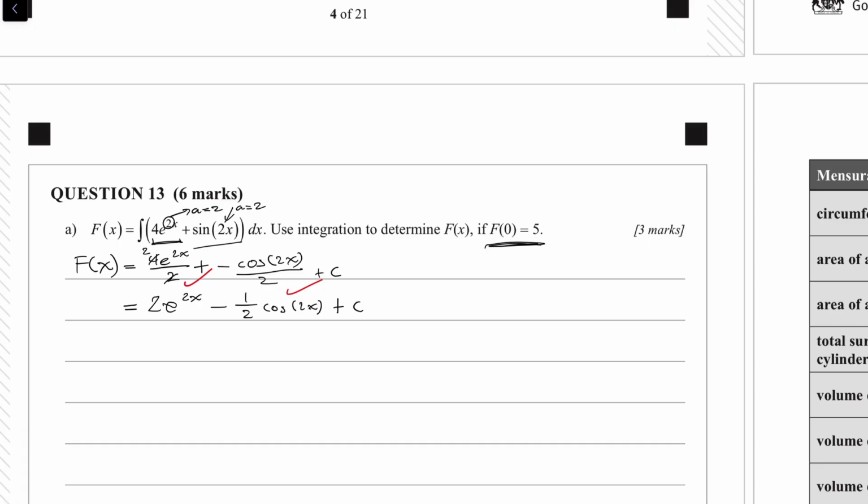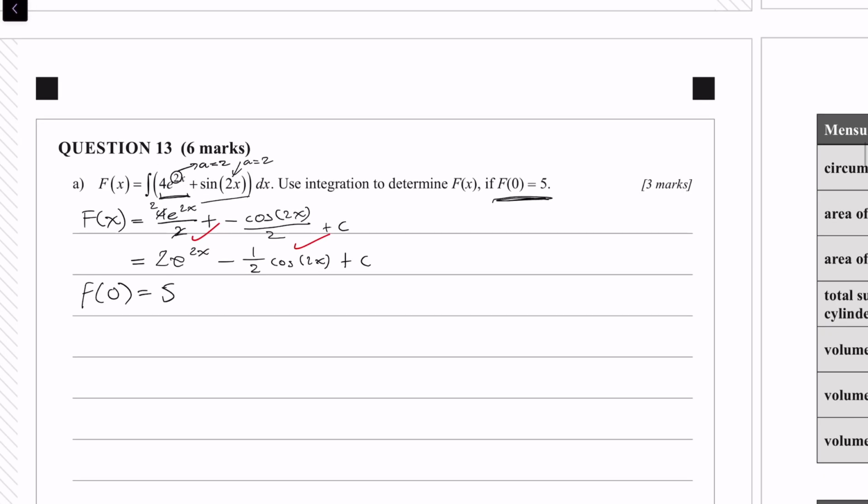Now we know that when we substitute x equals 0, we get a value of 5. So let's write that fact down: f of 0 gives a value of 5. What I'm going to do now is let f of x equal 5 when x is 0.